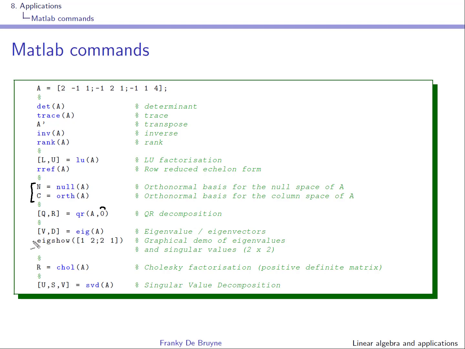Eigshow is something that you can use, but it has disappeared from the Matlab commands since Matlab 2016. Then chol for Cholesky factorization, a factorization R transpose R is equal to A, and then you have the singular value decomposition.